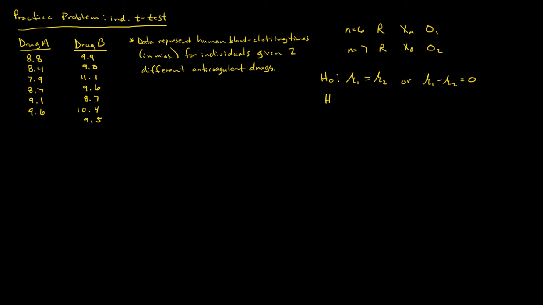And then the alternative hypothesis would be that the mu of group 1 is not equal to the mu of group 2, or the mu of group 1 minus the mu of group 2 is not equal to 0. Okay, so that's our baseline from where we're starting.